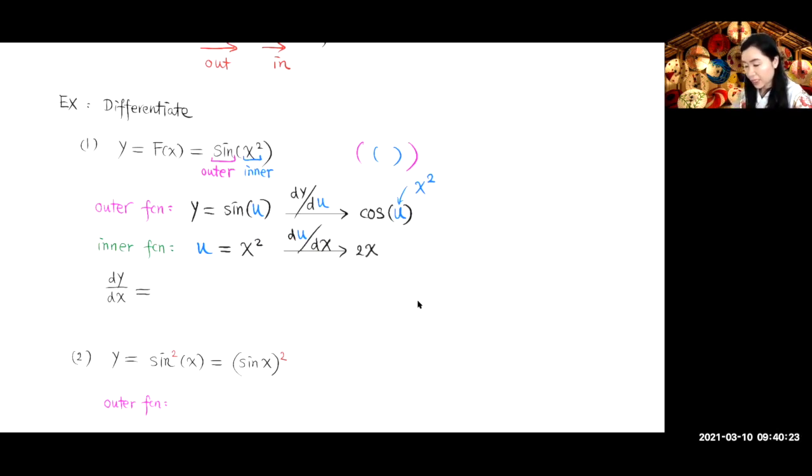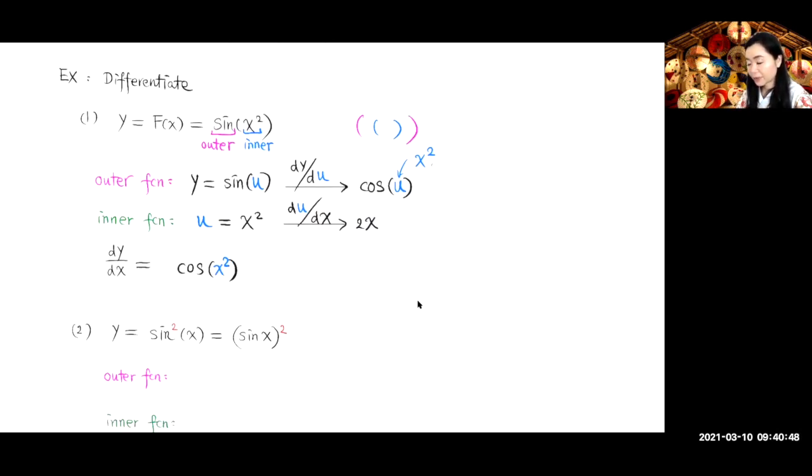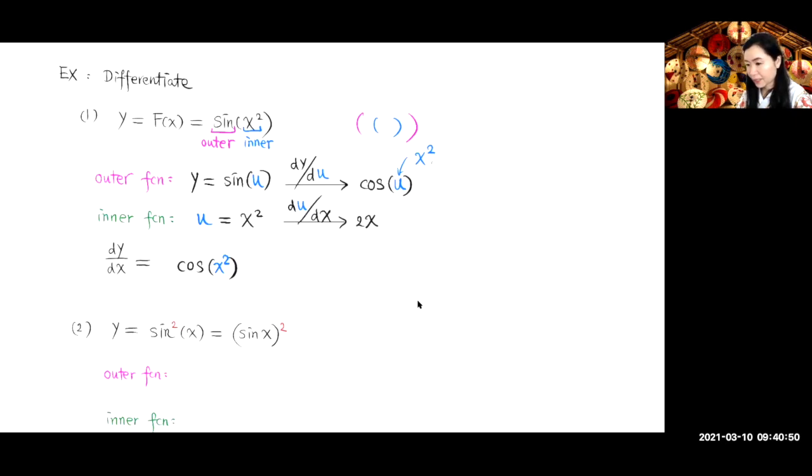Now the chain rule says that dy dx is dy du times du dx, right? It's the product of these two. So you just multiply this and this together. So we have cosine of, remember, leaving this inside function alone, right? So x squared over here, cosine x squared, and then multiply with 2x.